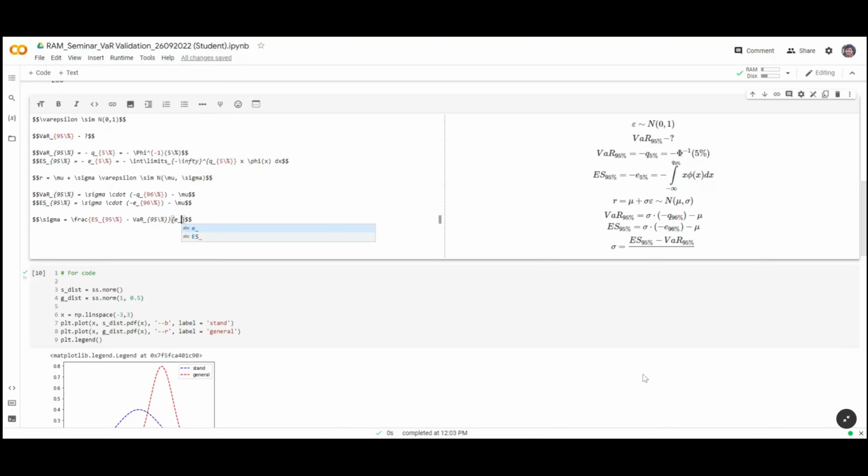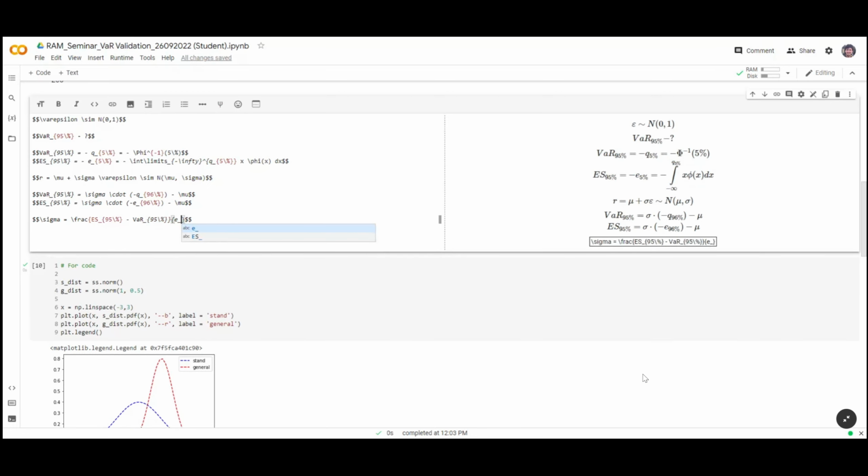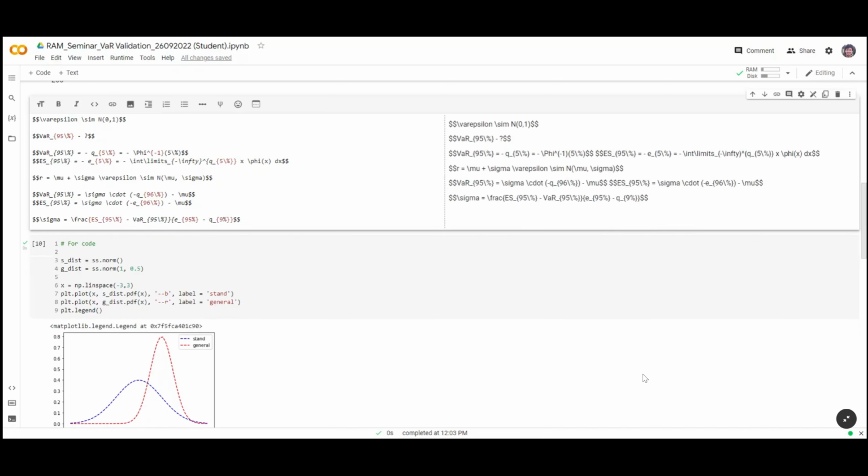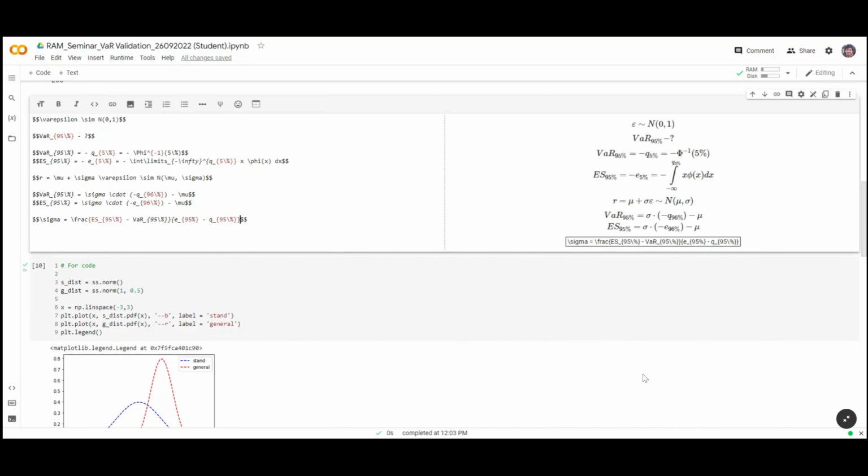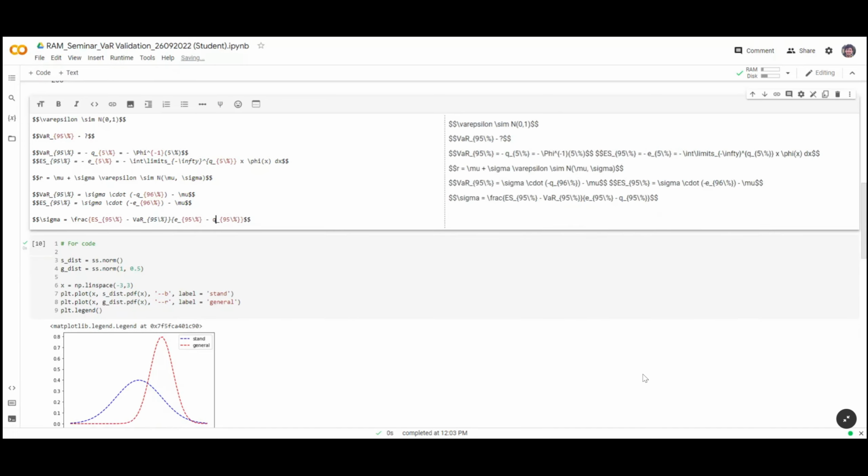So it's going to be E minus Q modified, slash here. Okay.